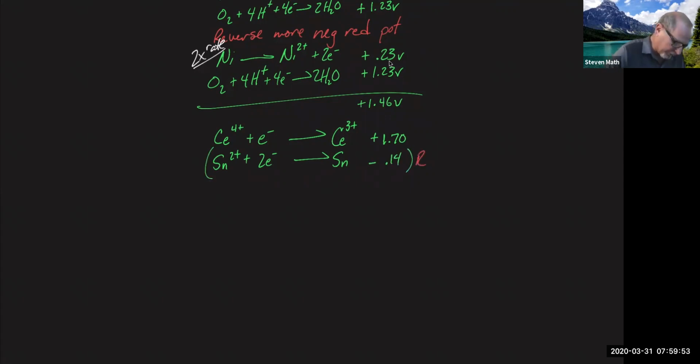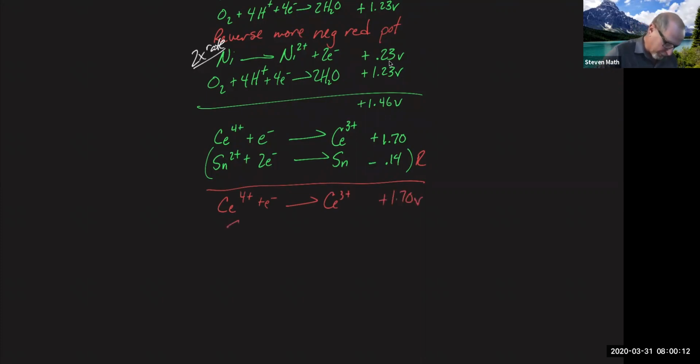We're going to reverse the bottom one. And when we reverse the bottom one, we're going to get still cerium 4 plus and an electron going to cerium 3 plus. That's going to stay at a positive 1.70 volts.